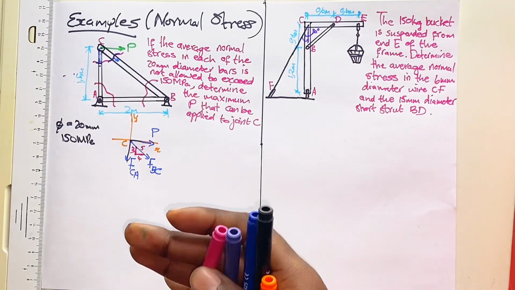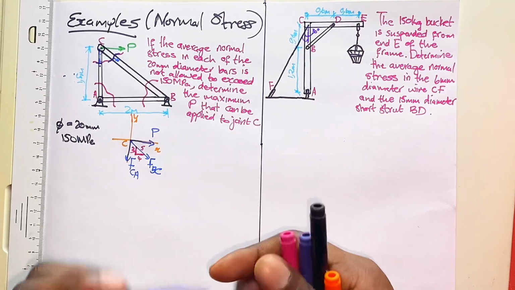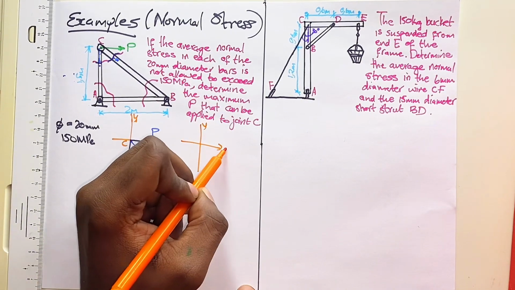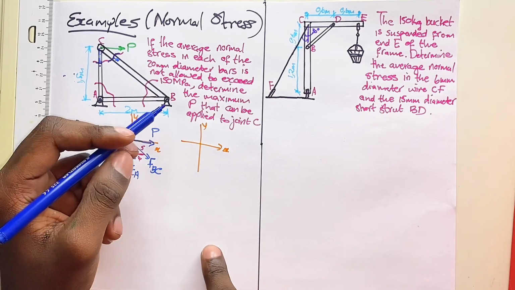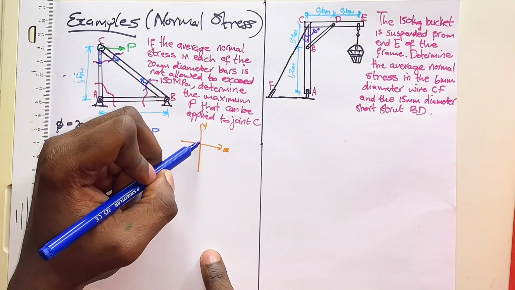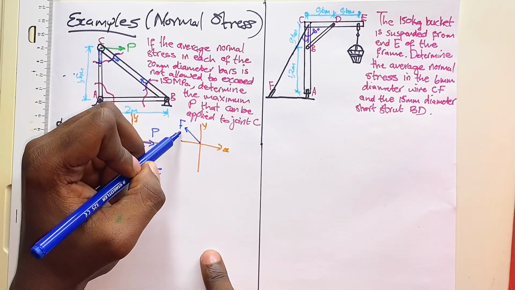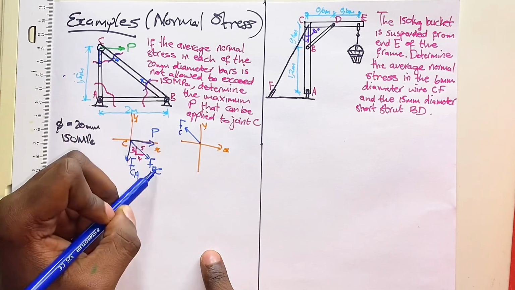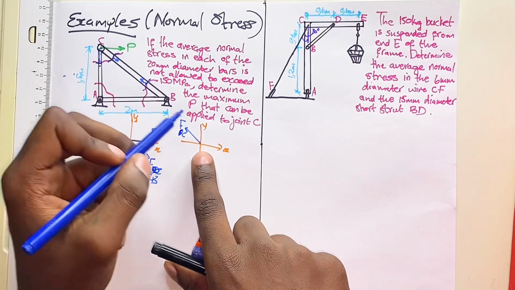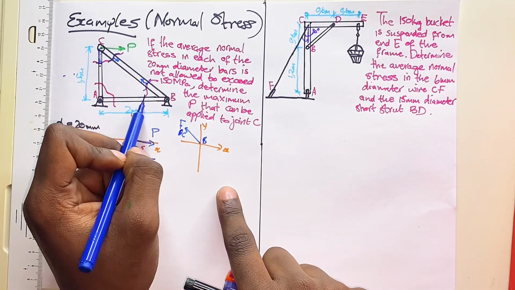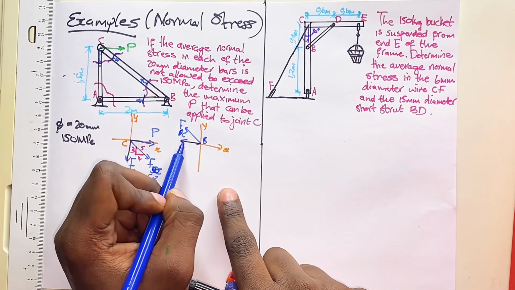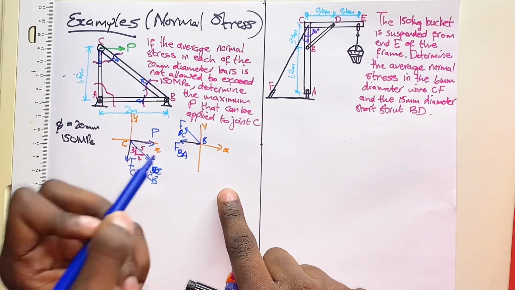Now let's draw the forces at joint B. Now at B, so another coordinate system. At B, we have a force. When we cut here, we'll have a normal force acting in here, and we'll call that force CB. This one is supposed to be CB, and this one will be BC. Again at B, when we cut here, we'll have a normal force acting in there, and we'll call that one force BA.